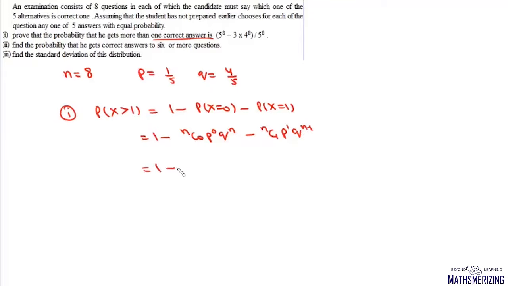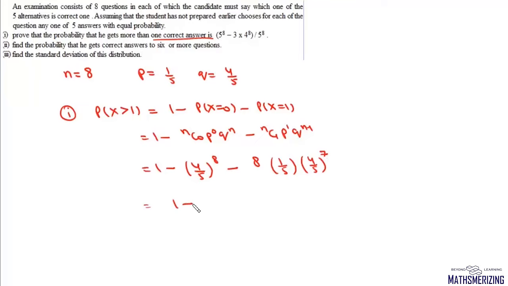Now this is 1 minus q to the power n, so it will be 4 by 5 to the power 8, minus 8C1, which is 8, p is 1 by 5 and q is 4 by 5 to the power 7.